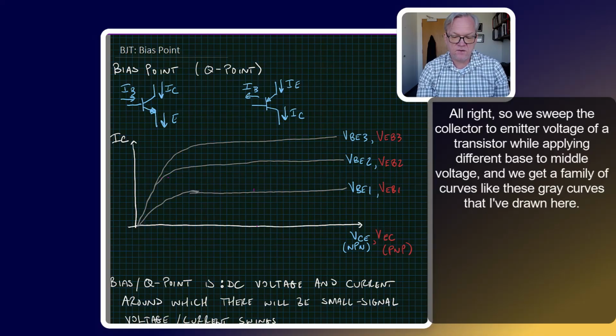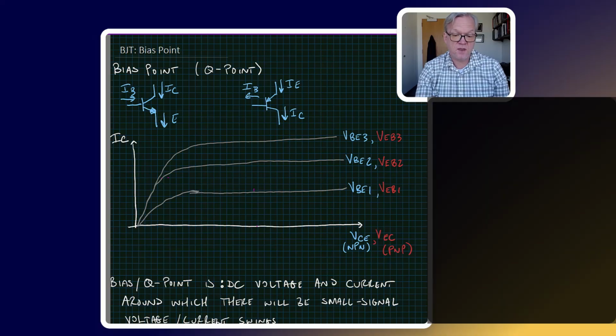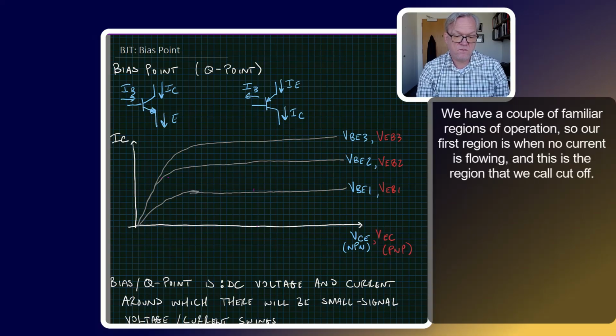All right, so we sweep the collector to emitter voltage of a transistor while applying different base to emitter voltages, and we get a family of curves like these gray curves that I've drawn here. We have a couple of familiar regions of operation. So our first region is when no current is flowing, and this is the region that we call cutoff.